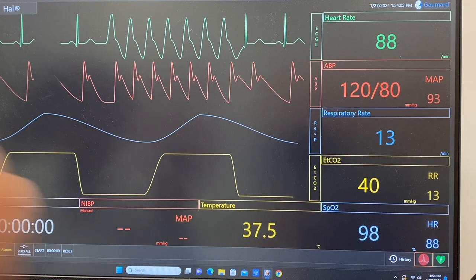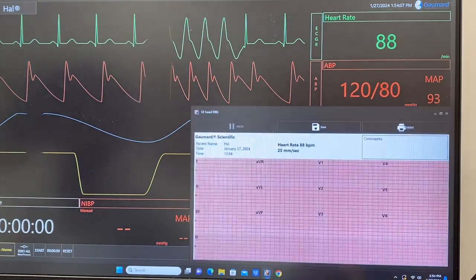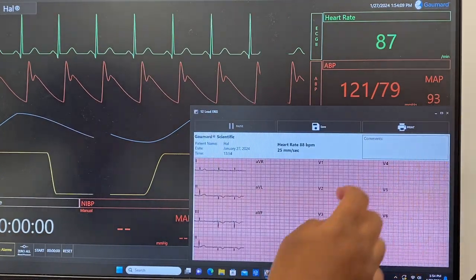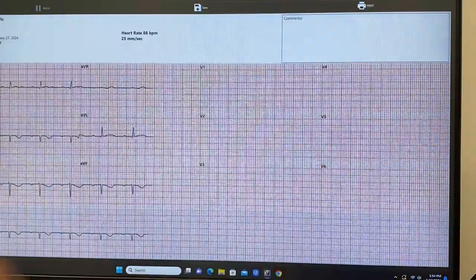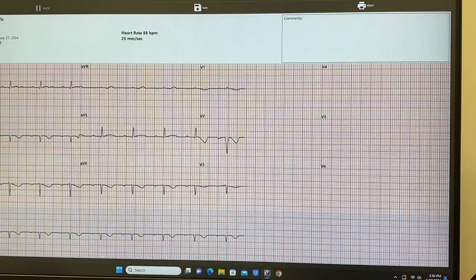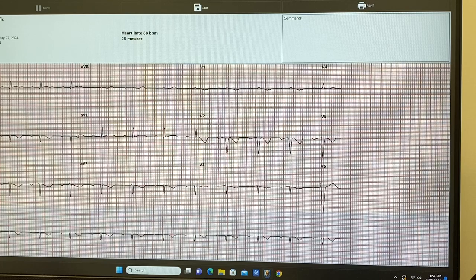Okay. So try the EKG, the 12 lead again, and we'll keep playing it until we see if it actually shows anything here. Play it.